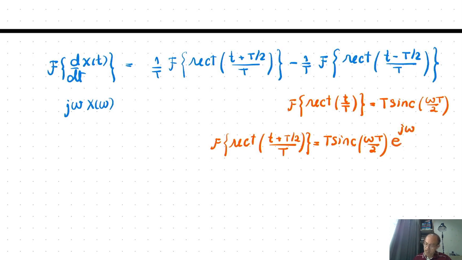The amount of the shift is big T over 2, so big T over 2 goes here.